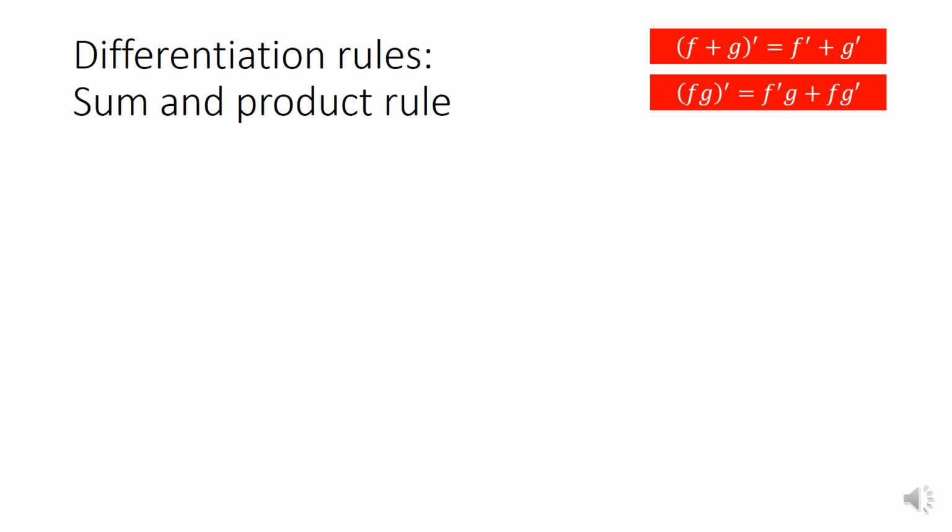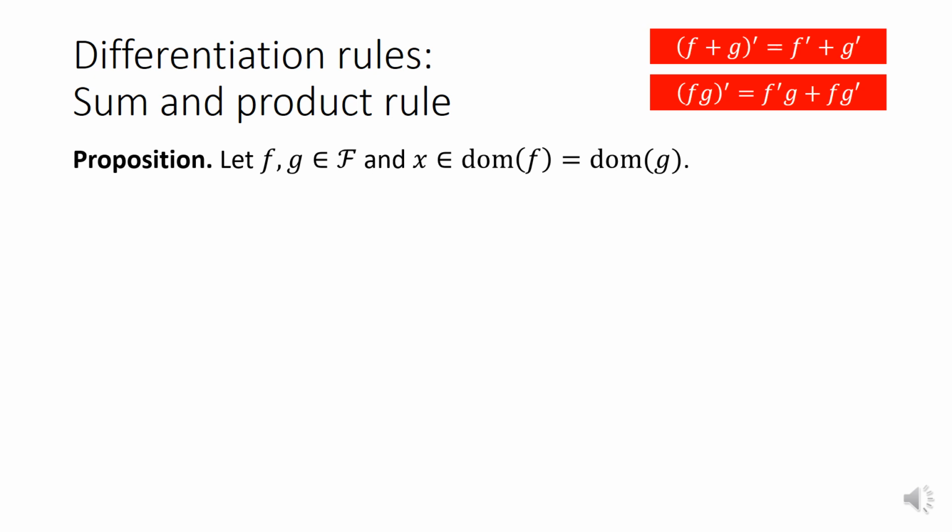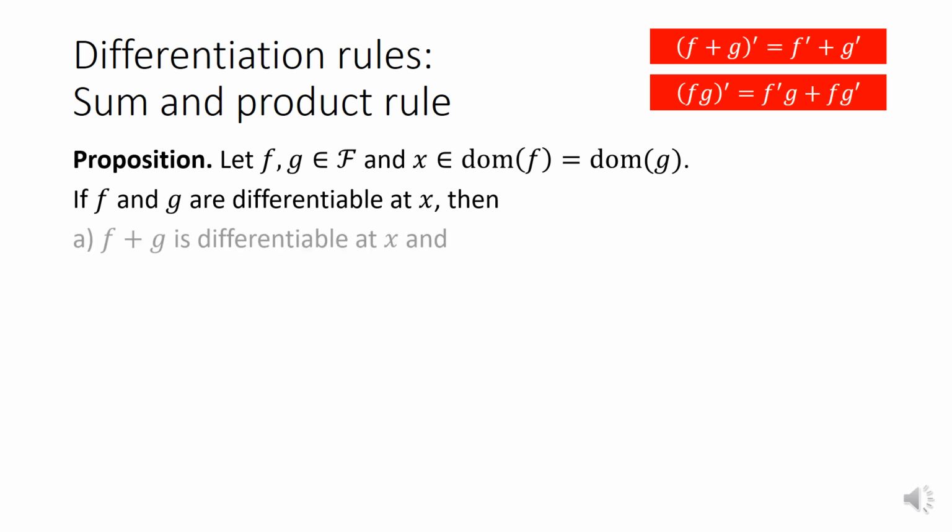We will now prove some differentiation rules. Let f and g be real functions and x a member of their common domain. If f and g are differentiable at x, then the sum rule tells us that their sum f plus g is differentiable at x and that the derivative of the sum is equal to the sum of the derivatives.